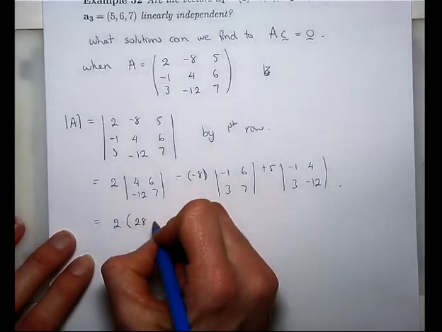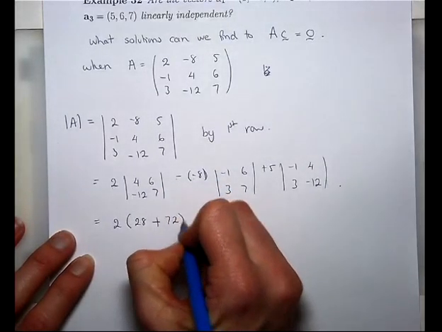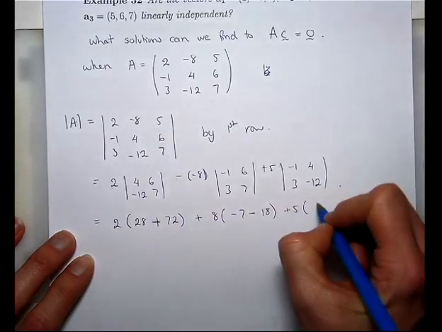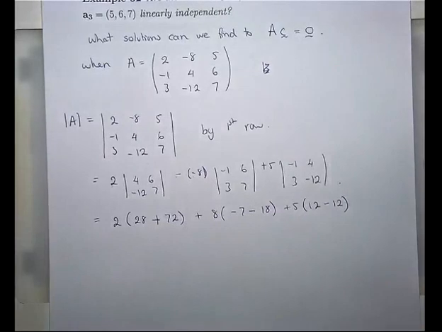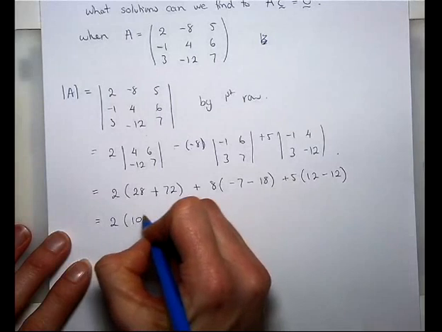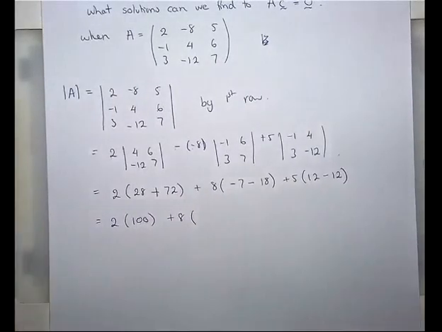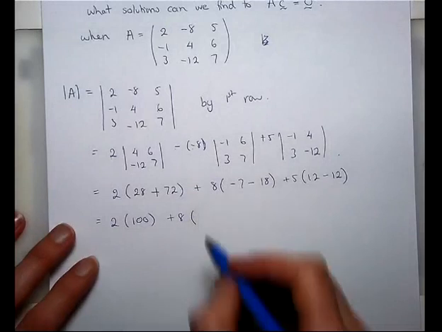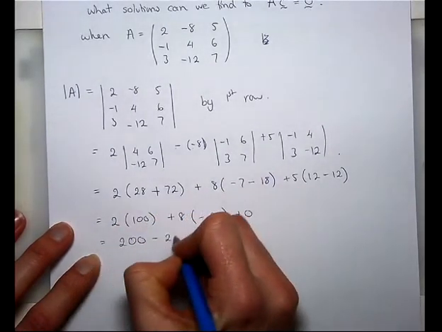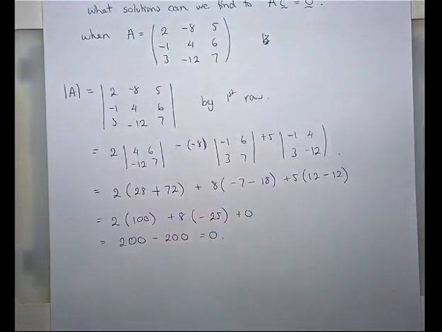So 28 minus 72, minus 7, minus 18, 12, minus 12. That's nice.